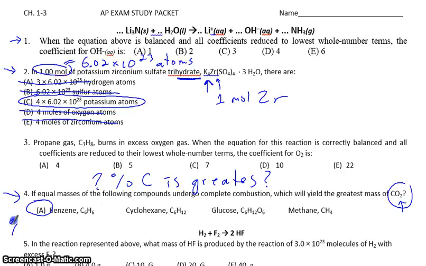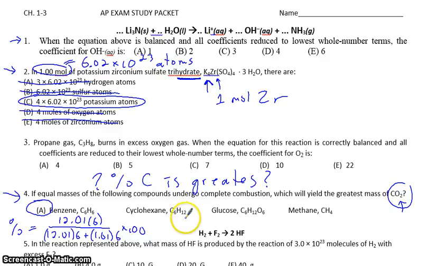Now remember, to calculate the percent of an element in a compound, you just take the mass of that element, say carbon. In this case, you have 12.01 grams for each carbon, and you have 6 of those, divided by the total mass. So the total mass would be 6 times 12.01, because you have to account for the carbon, plus 6 times 1.01, because you have to account for the hydrogen. So this actually gives you the highest percentage. You'll multiply by 100 and so forth.